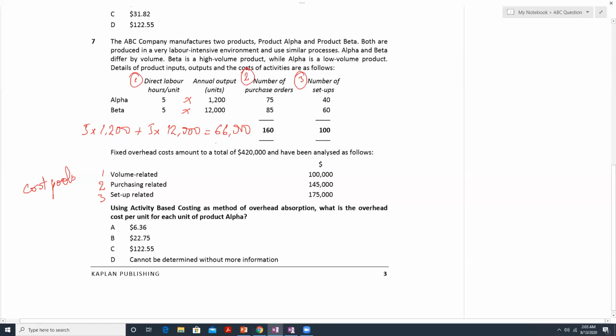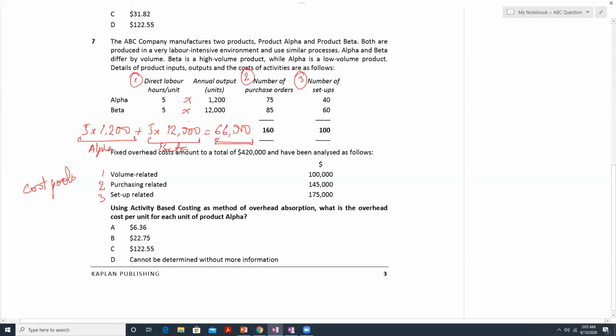So the total became 66,000. These are the direct labor hours for alpha, while this represents direct labor hours for beta.